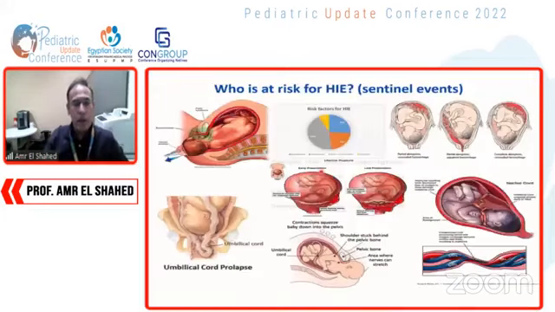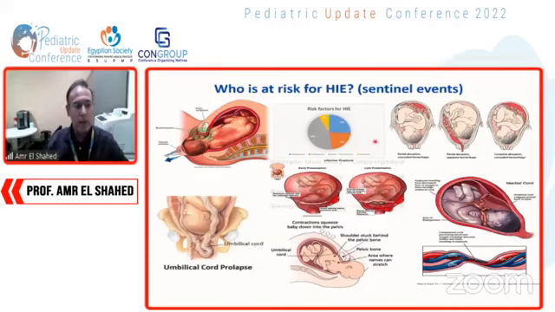As we all know, when we take the history about the maternal risk factors, and also what happened during the process of labor and after labor, we have to ask ourselves if the baby had a sentinel event or some risk factor for hypoxic ischemic insult. In the old literature, there was more attention to the antepartum risk factors as a main reason for hypoxic ischemic encephalopathy.